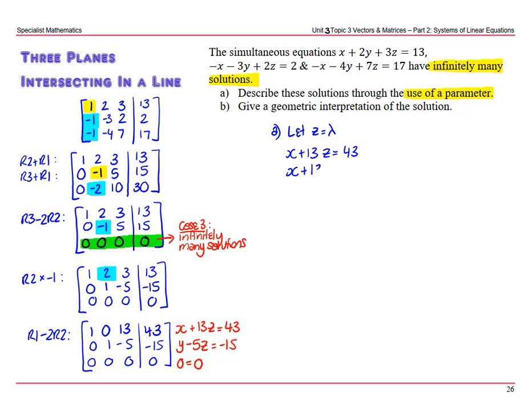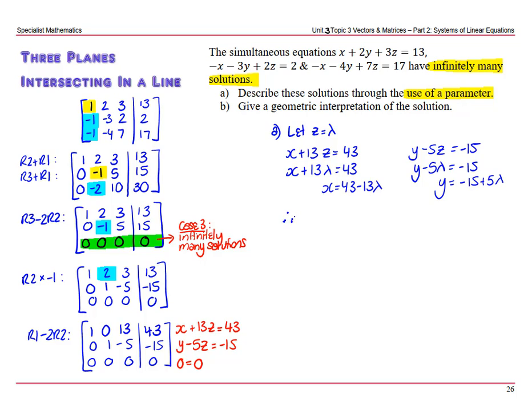So x plus 13 lambda equals 43. So x equals 43 minus 13 lambda. My other equation was y minus 5z equals negative 15. So y minus 5 lambda equals negative 15. y equals negative 15 plus 5 lambda.